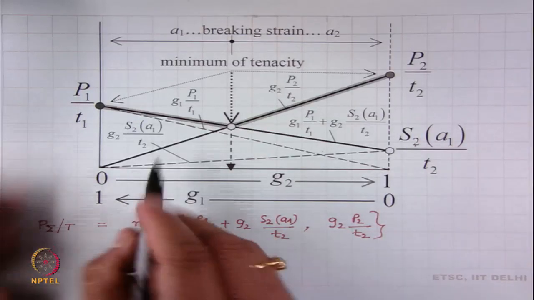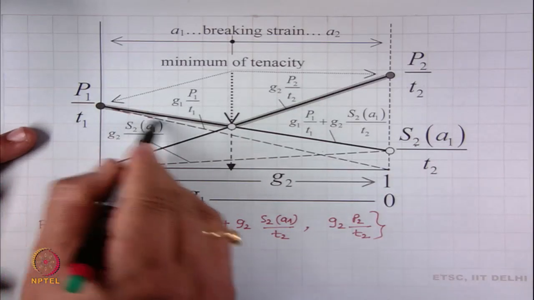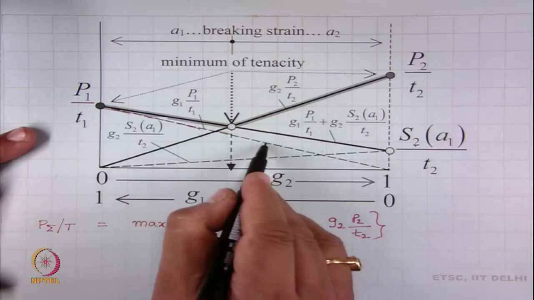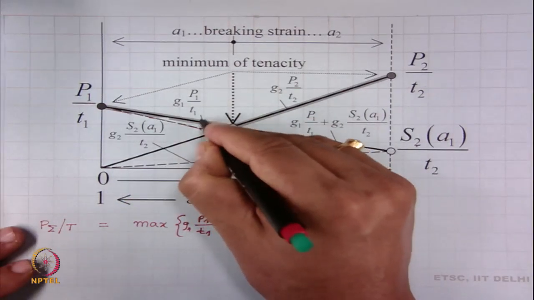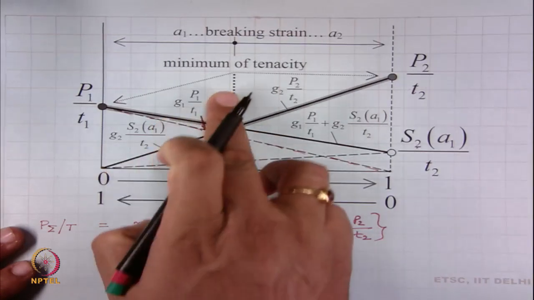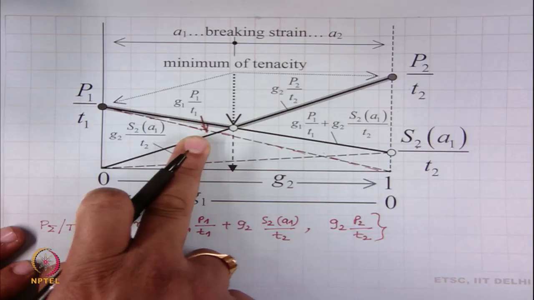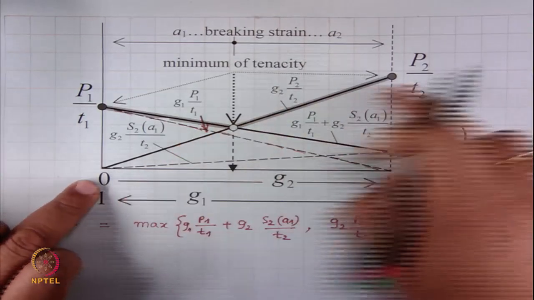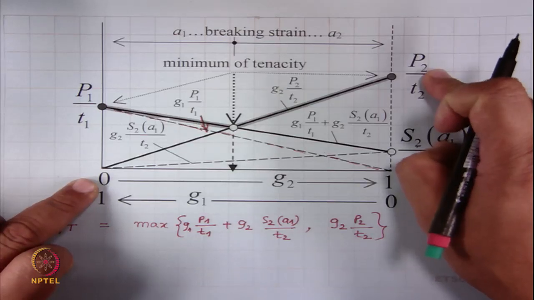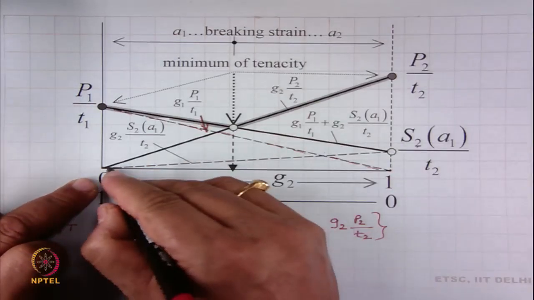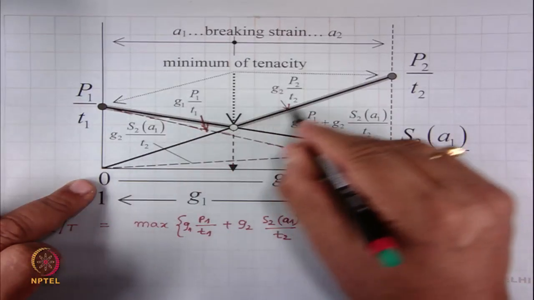So, if we join this dotted line, this line denotes G1 P1 by T1. Similarly, the line joining from 0 to P2 by T2 will give you G2 P2 by T2, this line.